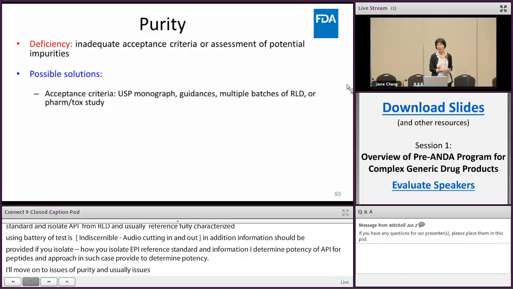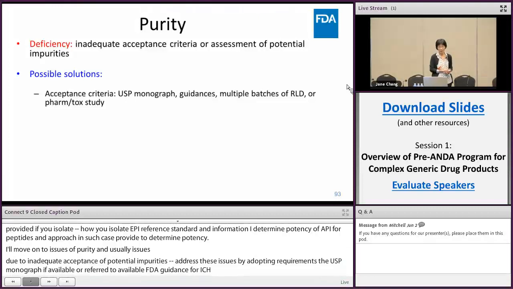Or you can refer to available FDA guidances or ICH guidelines. Or you can analyze multiple batches of RLD and, based on the data, justify acceptance criteria for the impurities. And again, you could also base it on the pharm/tox study to justify the level of impurities.